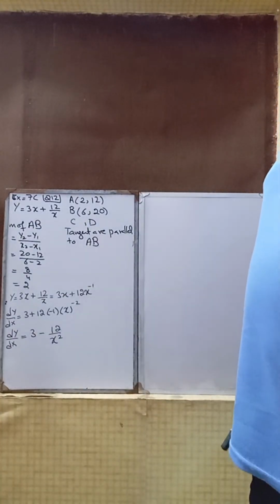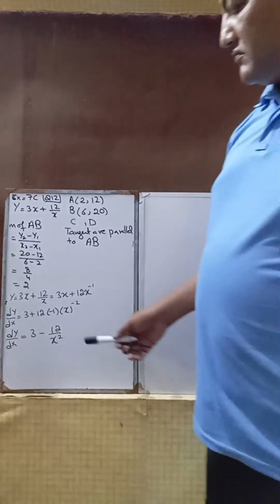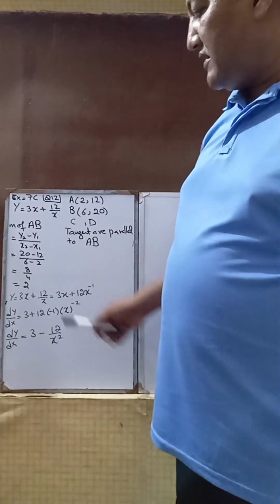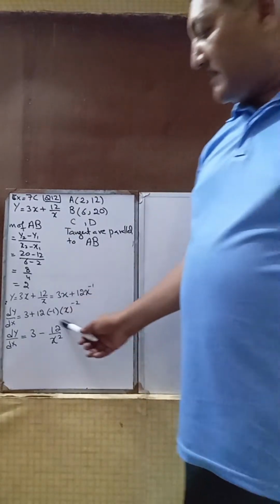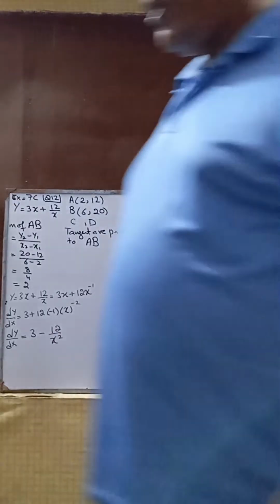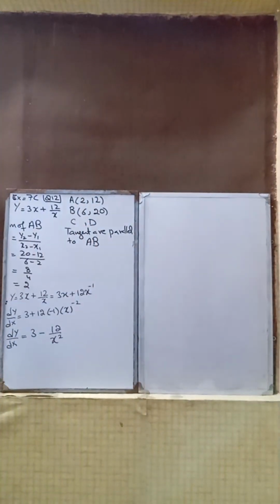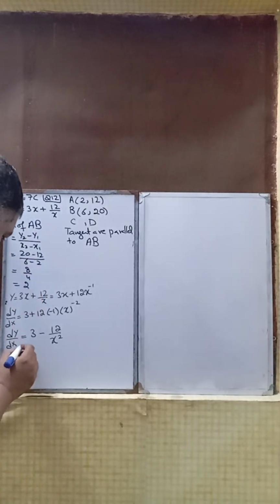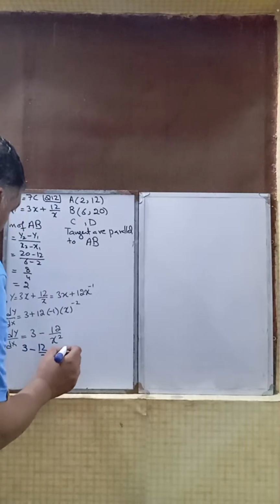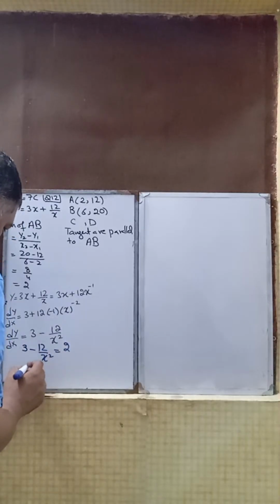Now, the gradient of the tangents is equal to the gradient of AB, so I will make dy/dx equal to 2. So 3 minus 12 over x squared equals 2.